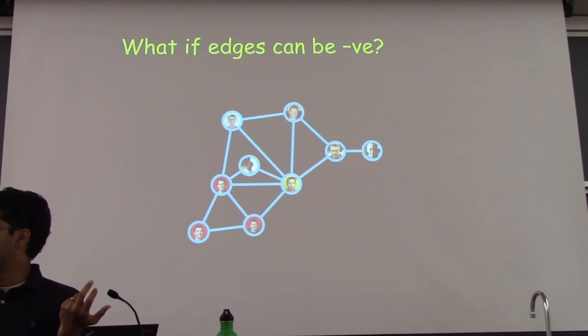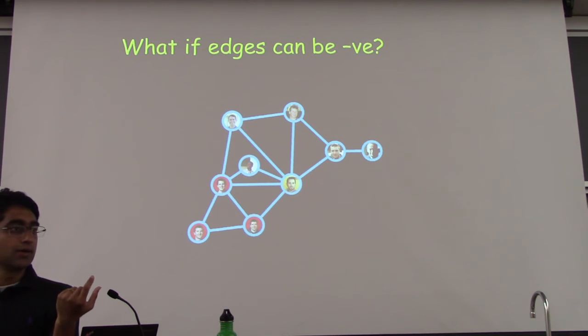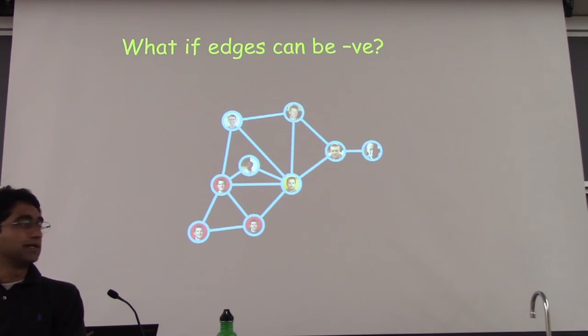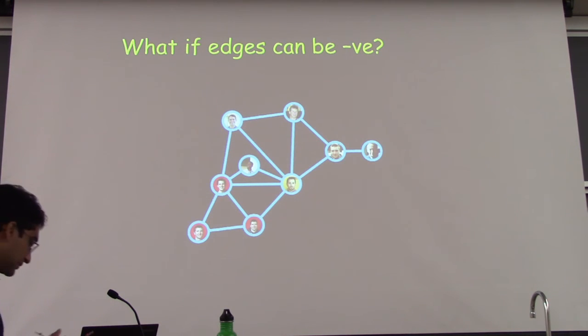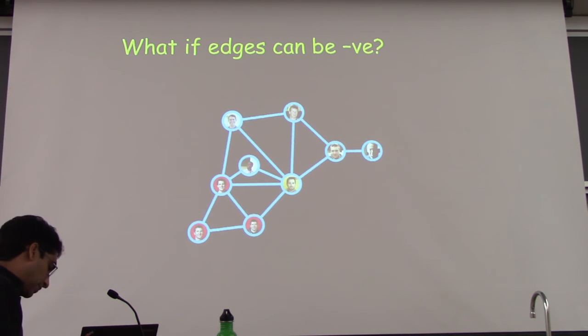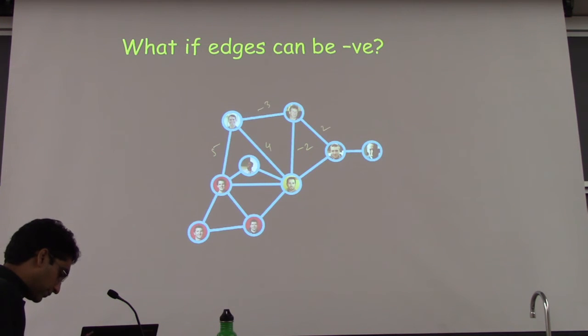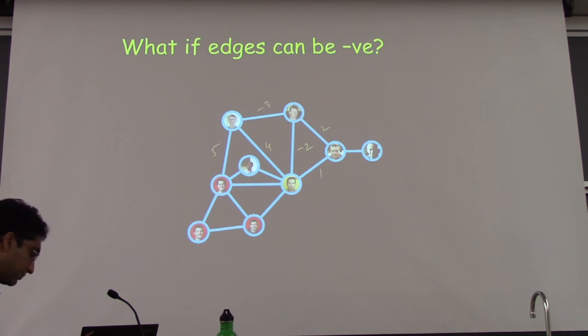So that was the key to the analysis. Now, what if you allow edges to be negative? So for instance, let's say you have the same kind of edges. So you have 5, you have 4, you have -2, maybe you have -3 here, and you have 2, 1. Okay, so something like this.